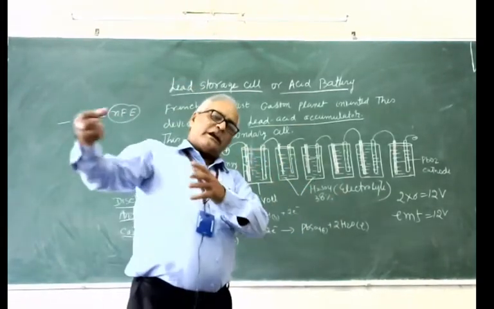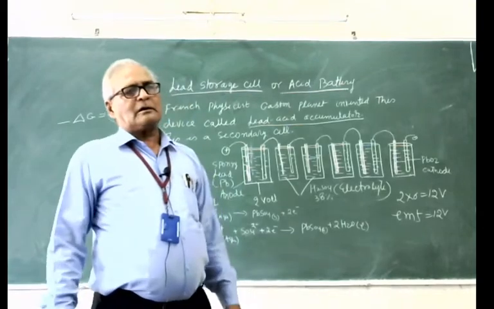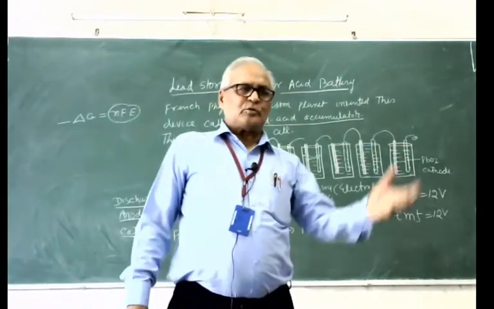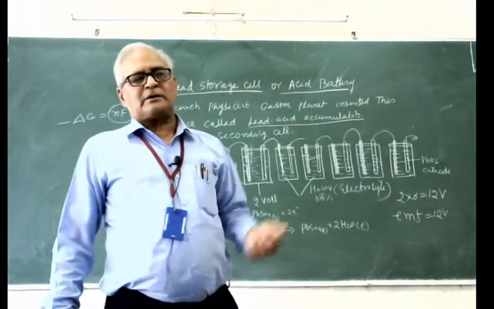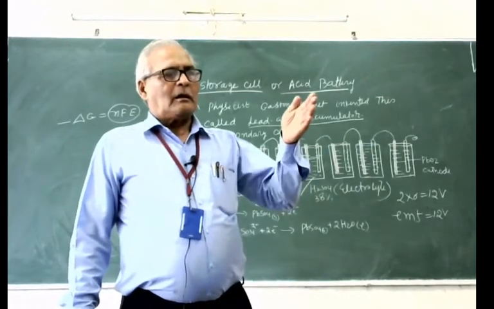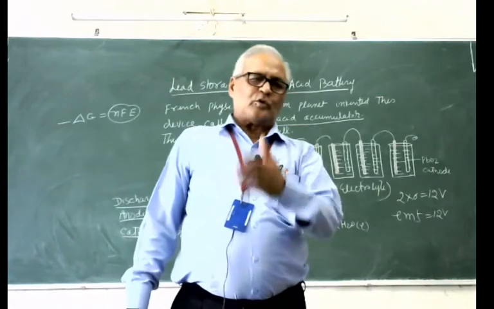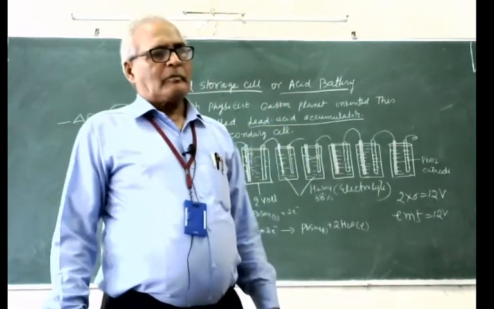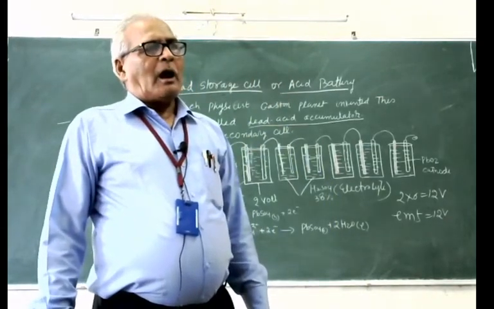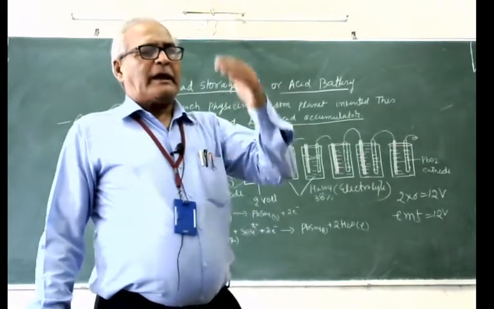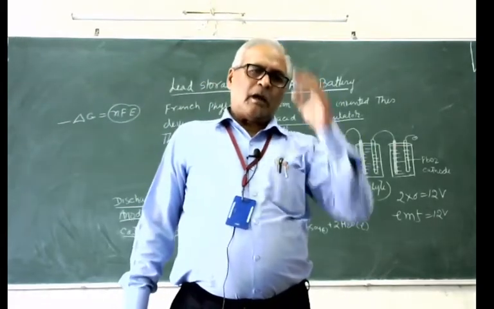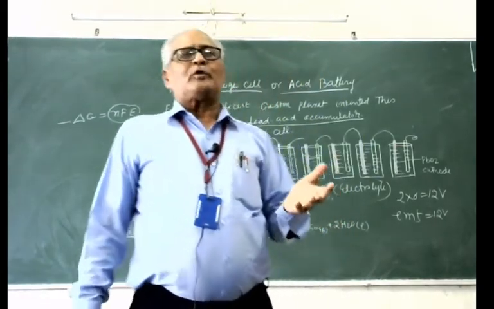When we draw electrical energy, meaning when we draw current from the battery, it discharges and the voltage also falls. And we can measure the concentration of the sulfuric acid.